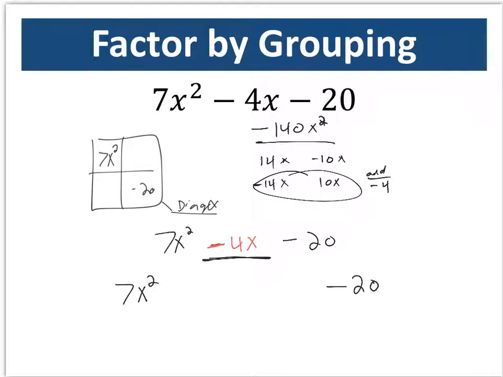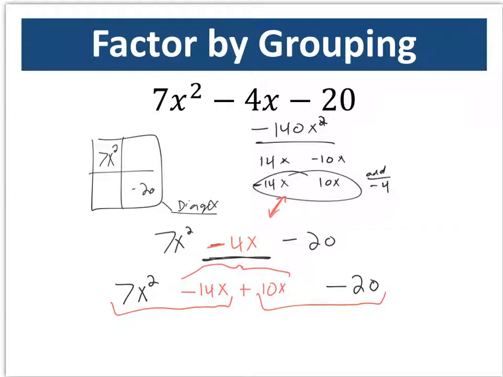But instead of writing negative 4x, I know that negative 14x plus 10x is equal to negative 4x. You can see that negative 14x plus 10x is negative 4x. It's just written in a more complicated way. And now I'm going to factor by grouping with these two things.